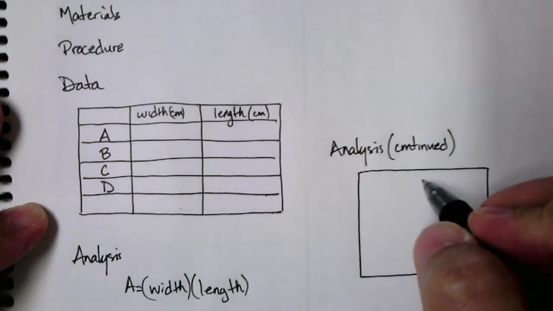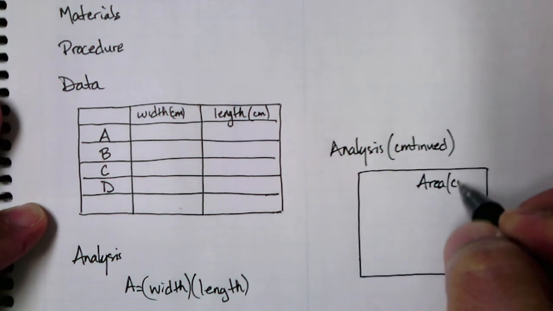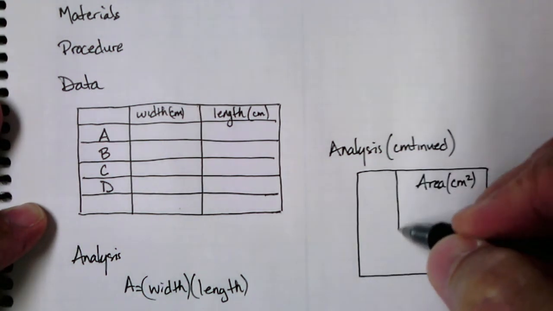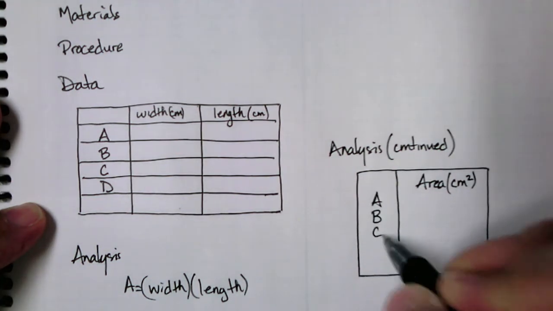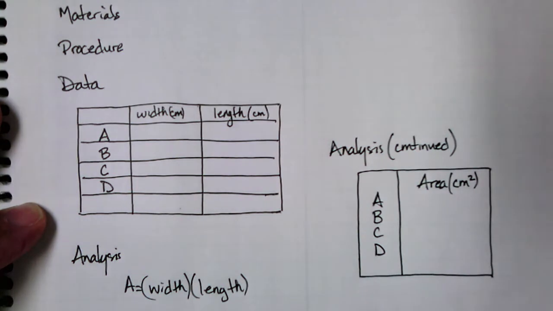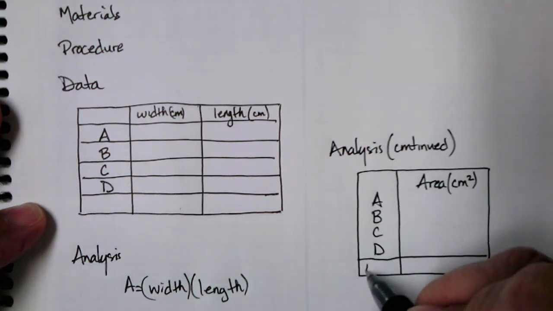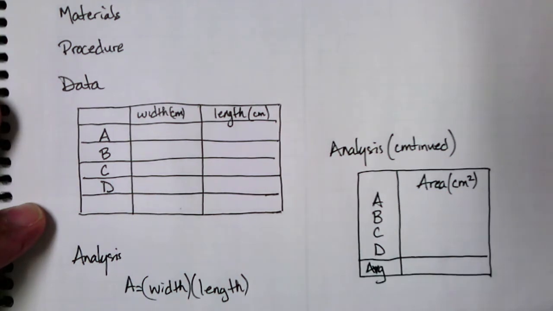And I will put the area up here, and we'll calculate the area in square centimeters for this particular case. And there is that, and so we can put A, B, C, D. And then maybe we'll take an average. So we can leave a space there for the average.